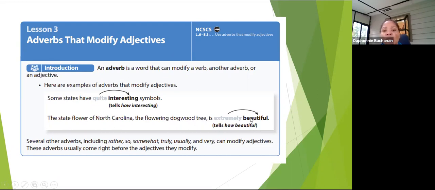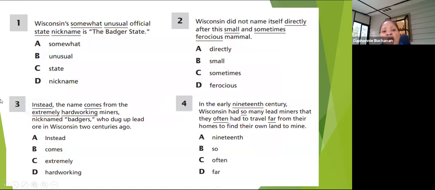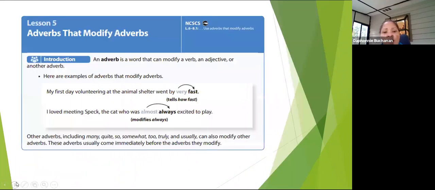"The state flower of North Carolina, the flowering dogwood tree, is extremely beautiful." What I don't need is "extremely." I just need to know that people think it's beautiful, because it tells how beautiful it is, but I don't need "extremely." That's just an extra word that I don't need. So here are some examples of getting rid of those extra words that we don't necessarily need, that you guys can kind of work through.